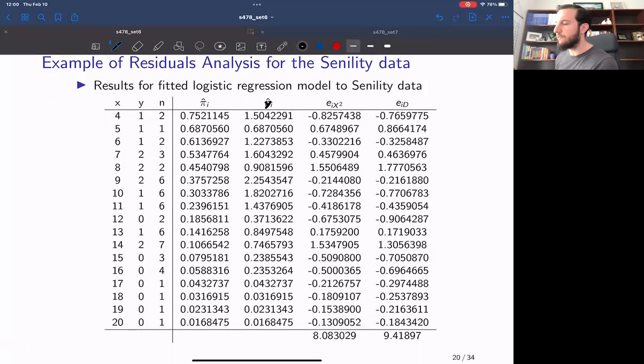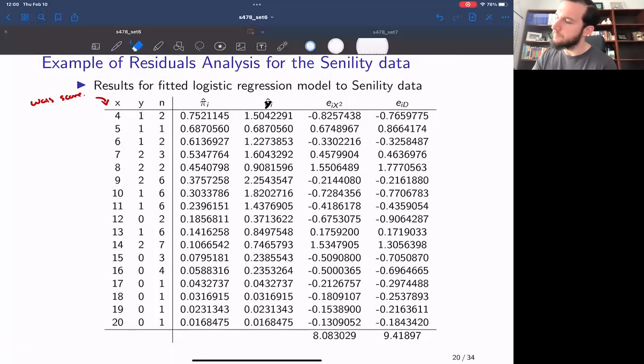Okay, so you can see in the first column of this table that I have X listed here. So these are the WAIS scores, right? Okay, in the second column of the table, I have Y. This is counting the number of people that have experienced symptoms at that particular WAIS score.